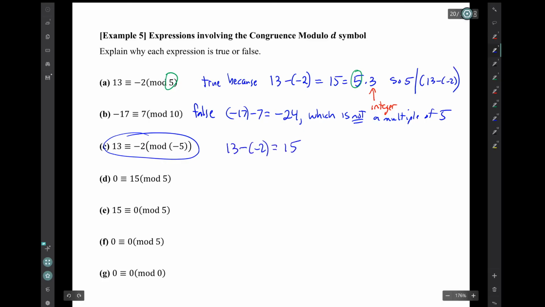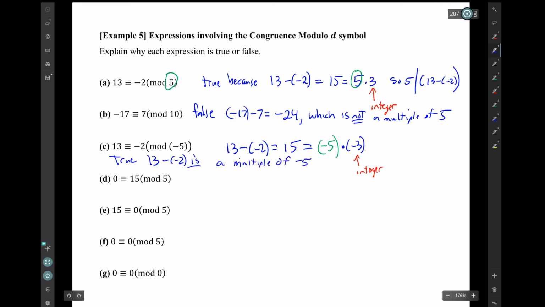Now, can we write that as a multiple of negative 5? Yes. So we say that this is true because 13 minus negative 2 is a multiple of negative 5.